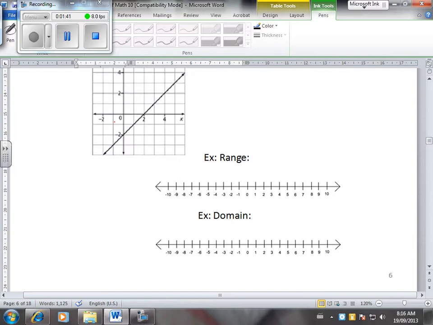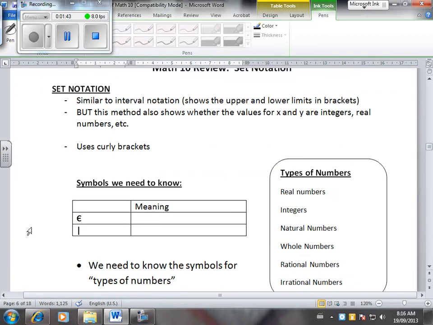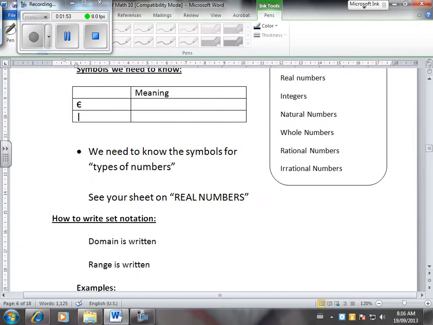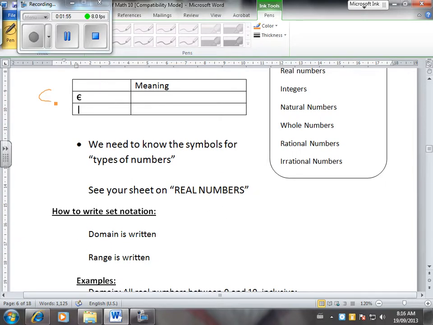So that's interval notation. And then we have set notation, and set notation is using these brackets, the curly brackets, and you have such that, or sorry, belongs to and such that, okay?